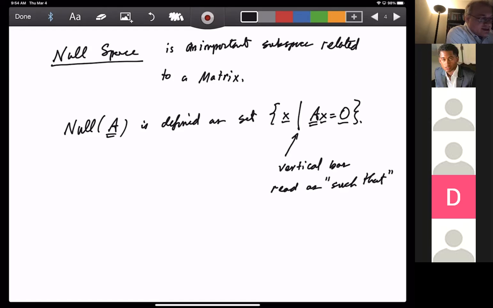If you haven't seen this notation for sets before, the vertical bar, or sometimes this is written with a colon, is just read as "such that."